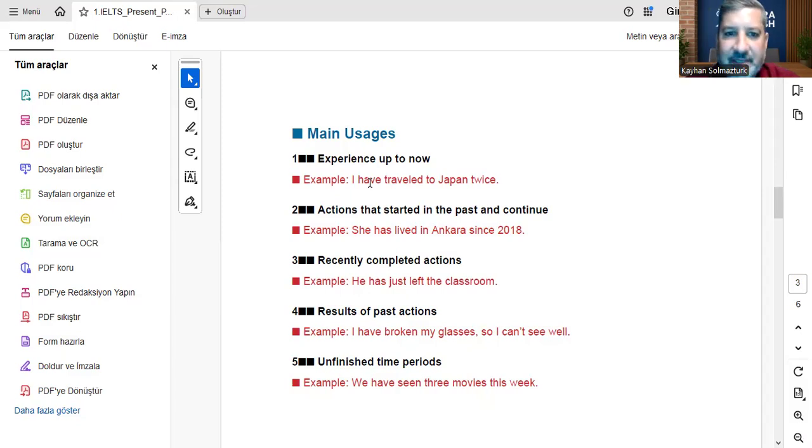So this means that the action actually started at a specific point in the past and continued up till the present time, I mean, the moment of speaking right now.